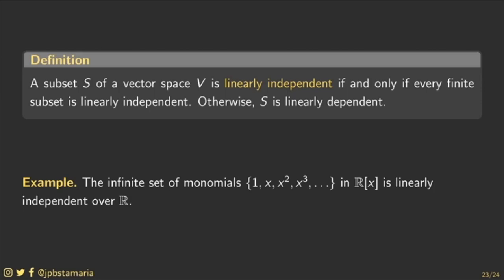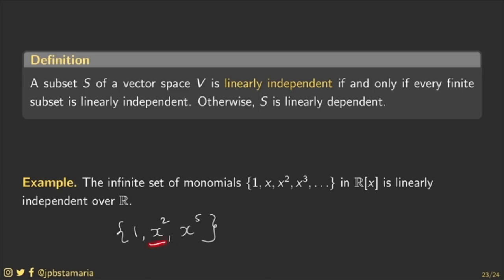No? Why? Because if you take any finite subset of this, let's say I took 1, x squared, x to the fifth, for example, I cannot write any of these as a linear combination of the others. In other words, none of these is redundant, or none of these vectors lies in the span of the others. For example, can I write x to the fifth as a linear combination of 1 and x squared? I don't think so. I don't think that you can ever produce x to the fifth by doing linear combinations of 1 and x squared, right?